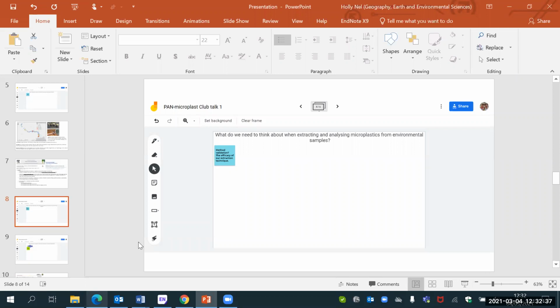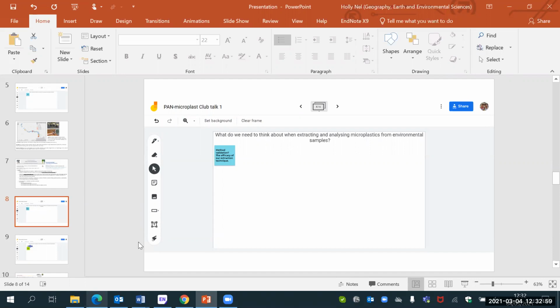So I'm here just laying the foundation of what we're going to be speaking about for the rest of the year. But think about, on this Jamboard, what other things we need to take into consideration when we're extracting and analyzing microplastics.